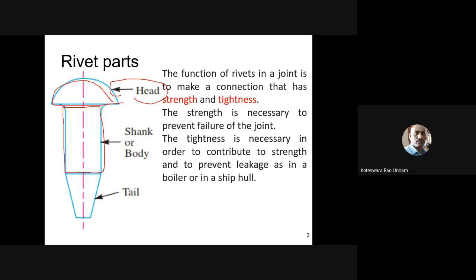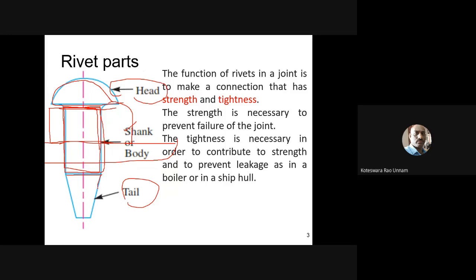Suppose I connect two plates through this rivet joint, let us say a lap joint; anyway, we'll see what a lap joint is. Whatever portion lies within the connecting components, we call that portion the shank or body of the rivet. Then this is the tail.